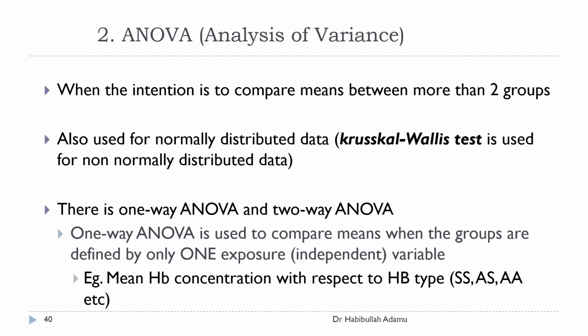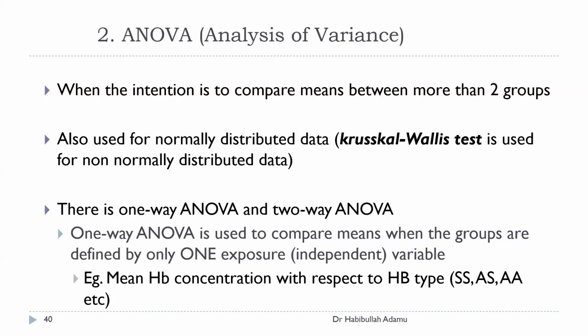Those ones that have SS, what is their mean? The one with AS, what is their mean? AA, what is their mean? AC, CC, and so on and so forth. Here, genotype is the only source of what? Exposure. So that is one-way ANOVA.